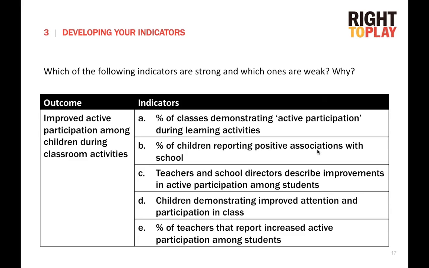Not all of these indicators are strong, but some of the indicators are strong. So I'm going to give all of you a few minutes to read through the indicators and then select the ones that you think are the strong indicators and the ones that you think are the weak indicators.